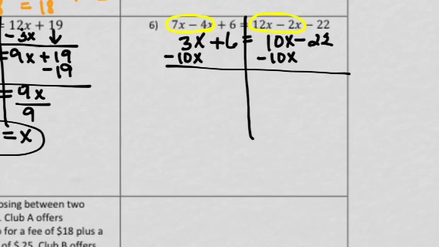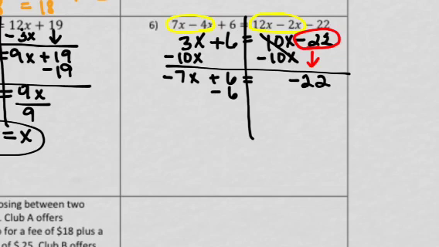Subtract 10x from each side, so I get negative 7x plus 6 is equal to, these cancel, and again, remember what's left. The minus 22 drops down, so now I have negative 22 on this side.